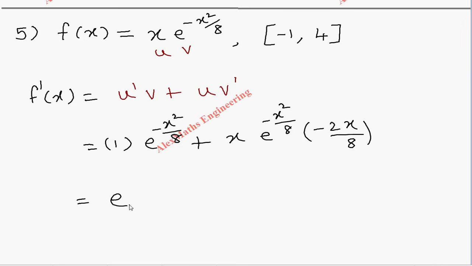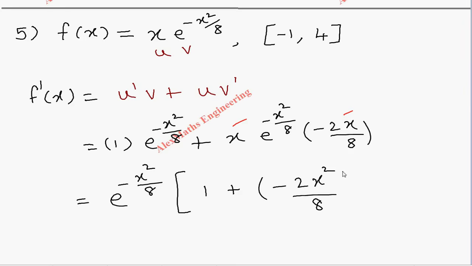We can take e power minus x square by 8 common. The first term is 1, and here we are left with this x and minus 2x by 8. So totally it is minus 2x square by 8. Let's simplify this further.